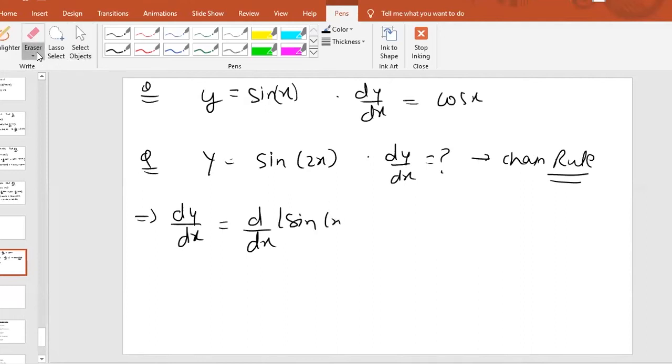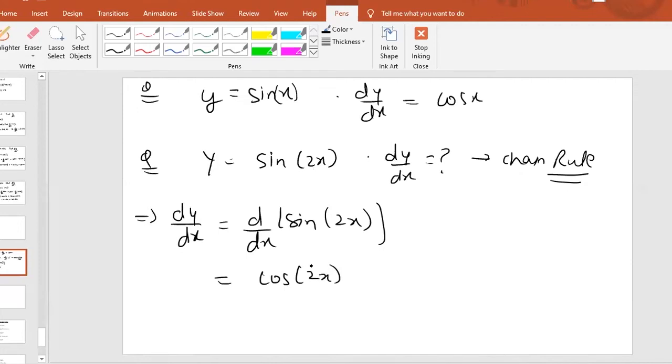As the first step, just look at the sine function only. Don't look inside the bracket. What is the differentiation of sine? Cos. Write cos here. Then what is the angle of the cos? 2x. So write 2x.